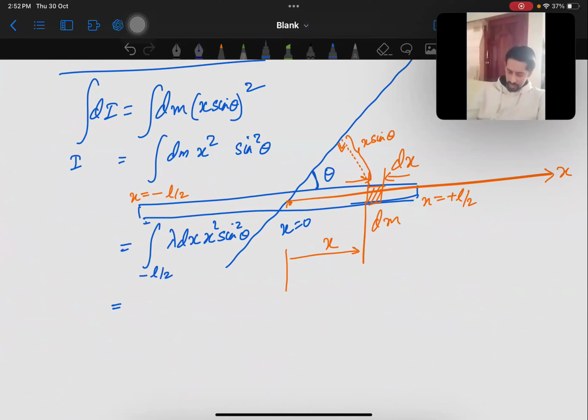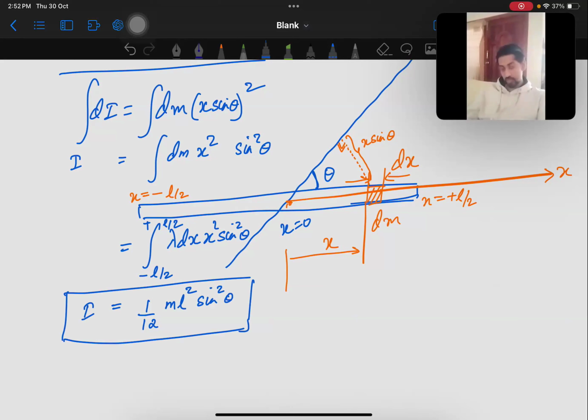Our proof is done. So therefore we directly write it as 1 by 12 ML square into sine square theta. You can verify this by setting the value of theta as 90 degrees. The axis has to become perpendicular, right? And it will come out as 1 by 12 ML square.